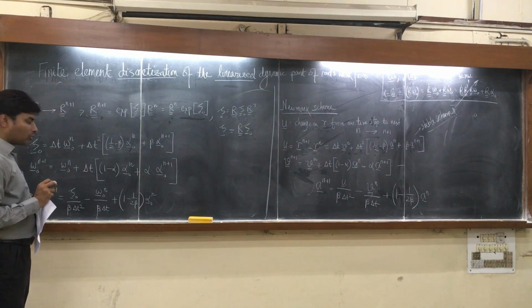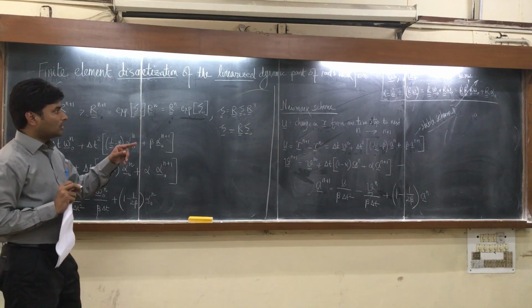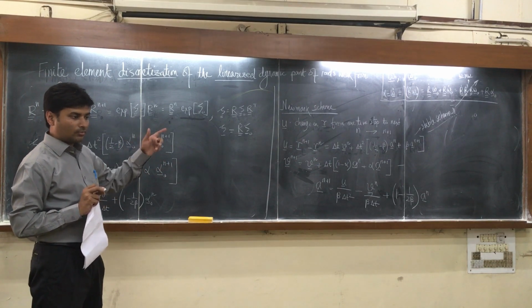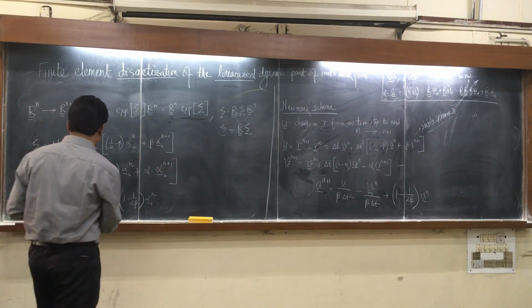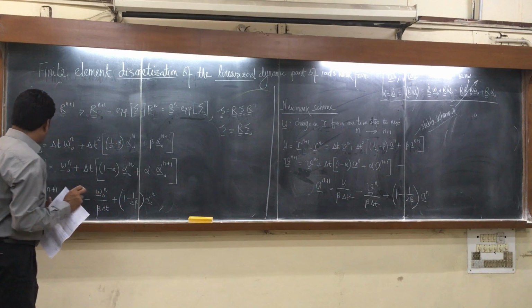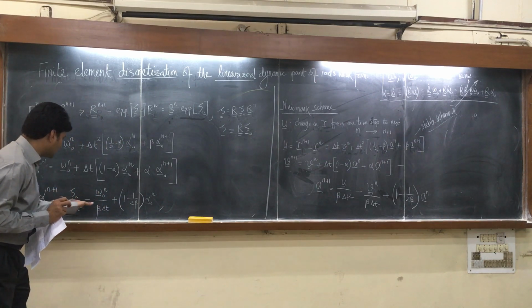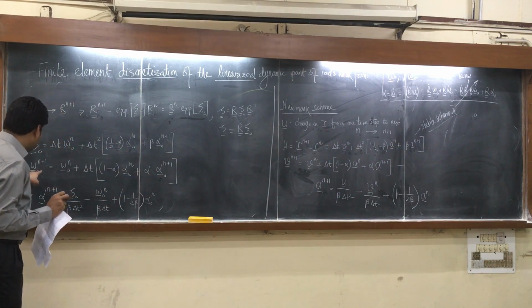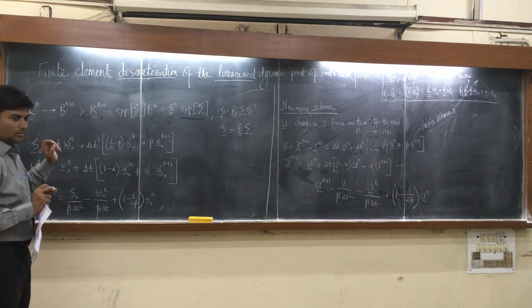Okay, so that's for the angular acceleration, but we have angular velocity also within the scheme, right? Omega naught at n plus 1 was also there, so you have to also write that. Once you get your alpha naught at n plus 1, you substitute that over here, and then you also have a formula for omega naught at n plus 1.